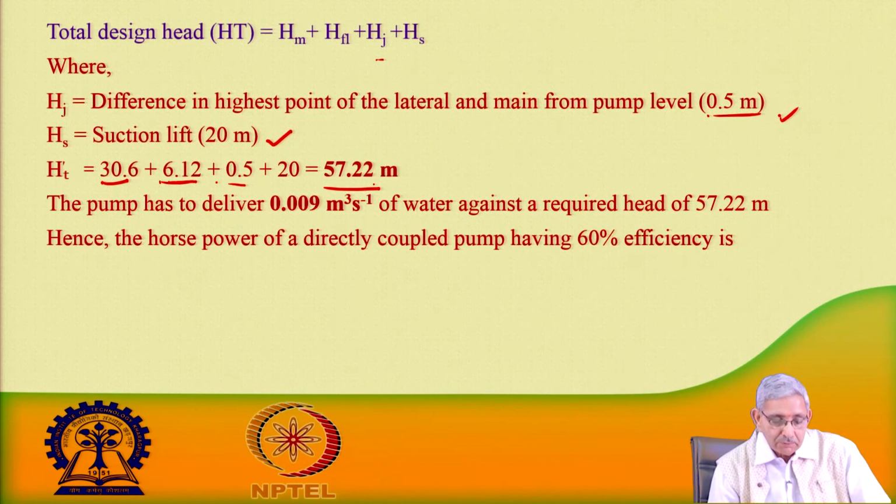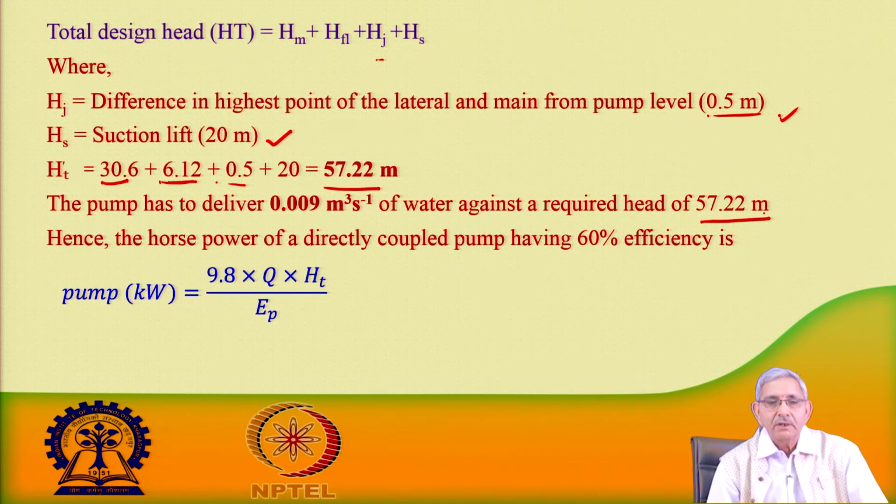57.22 meter. Now, the pump has to deliver 0.0009 cubic meter per second of water against the head of 57.22. So we can work out the horsepower, and the pump is directly coupled with the prime mover, so only the pump efficiency will be considered. Let us say the pump efficiency is 60%. So the power requirement in kilowatt can be given by 9.8 into Q into Ht divided by the pump efficiency.